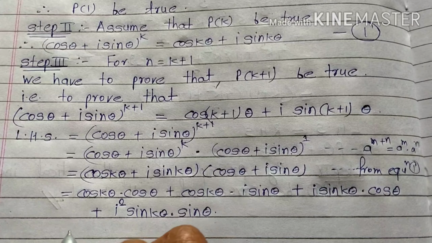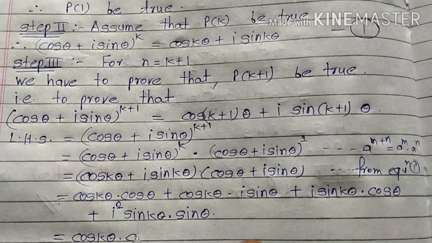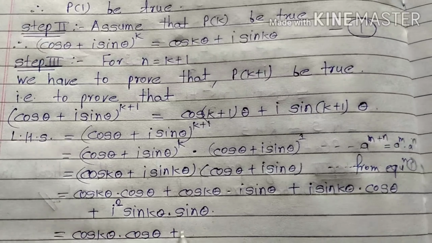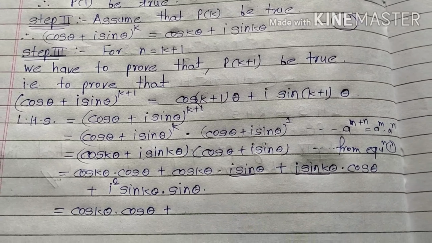Okay, so this is cos k theta into cos theta. You can observe I is common in these two terms, so take I common.